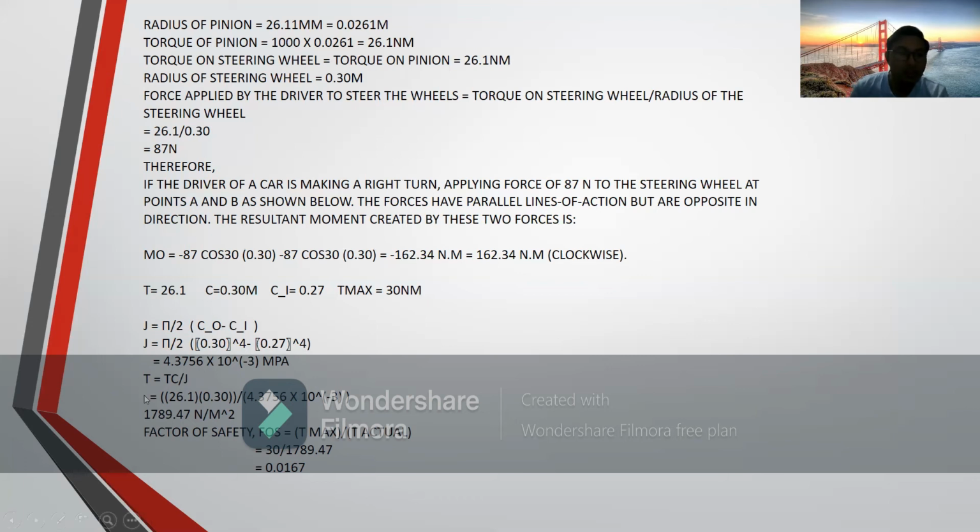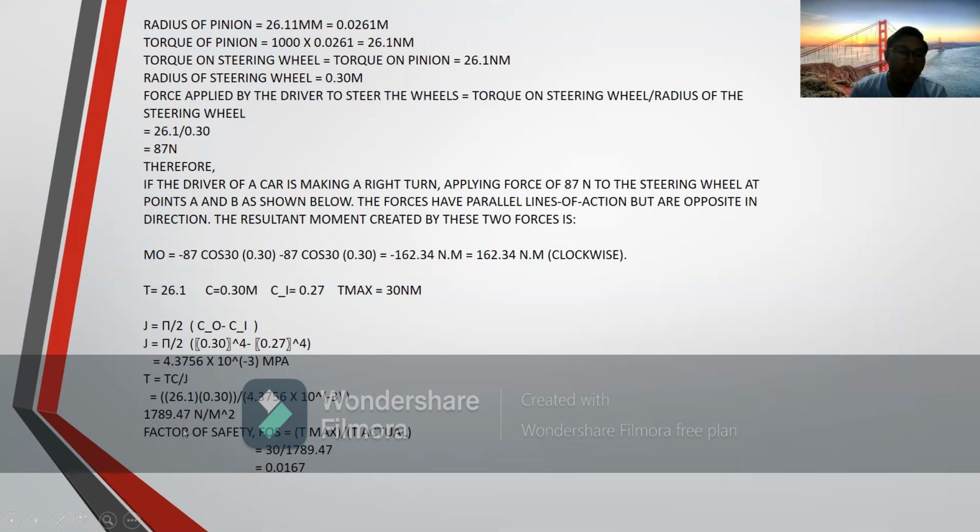For the torsion, it is equal to Tc divided by J. That is 26.1 times 0.30 divided by 4.3756 times 10 to the power of negative 3. So we get 1789.47.